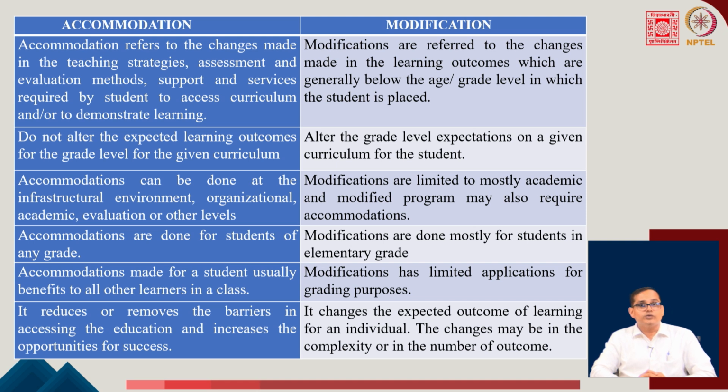Let us try to understand the difference between accommodation and modification with the help of this table. Accommodation refers to the changes made in the teaching strategies, assessment and evaluation methods, support and services required by a student to access curriculum or to demonstrate learning, while modifications refer to the changes made in the learning outcomes, which are generally below the age or grade level in which the student is placed.